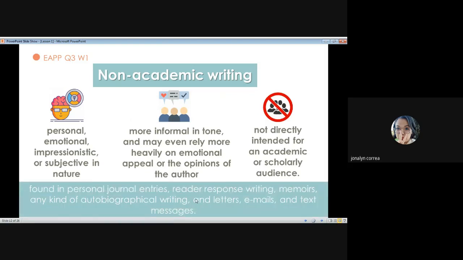So you may find non-academic writing in some personal journal entries, like diaries or whatsoever. Then reader response writings or comments on a social media post. Then memoirs, any kind of autobiographical writing, anything that you write about yourself. And then letters, emails, text messages. So you can consider those as non-academic writing.